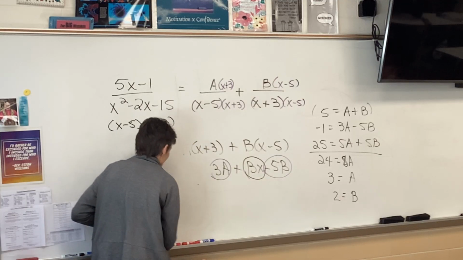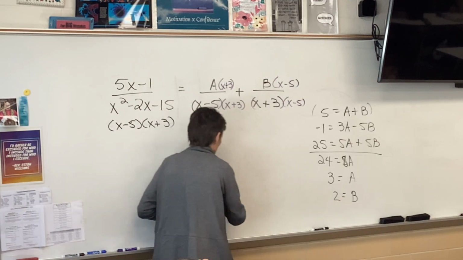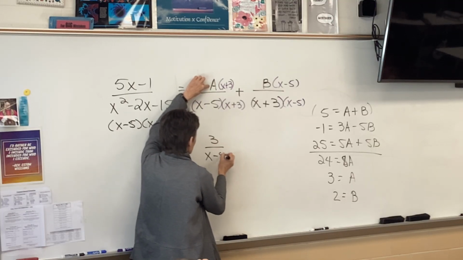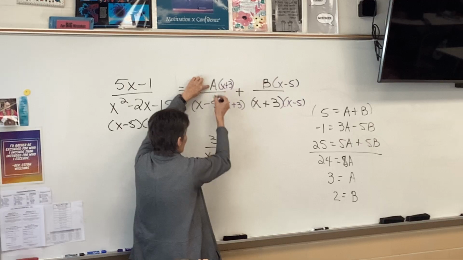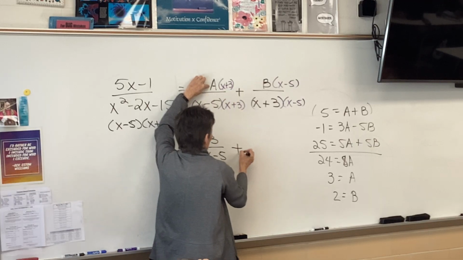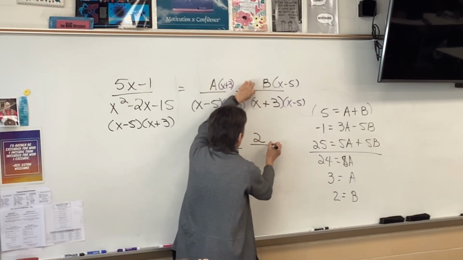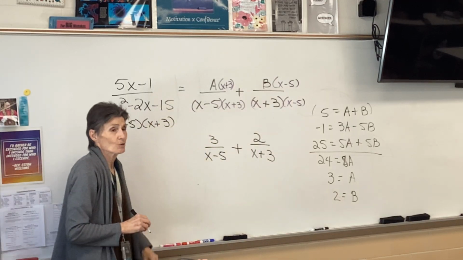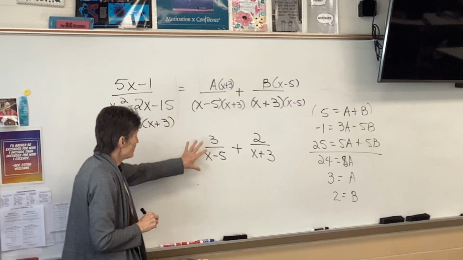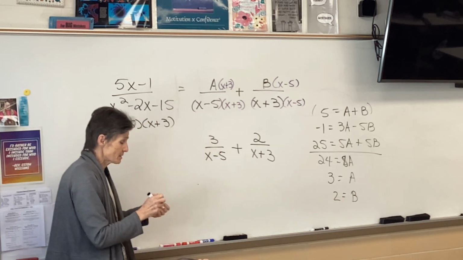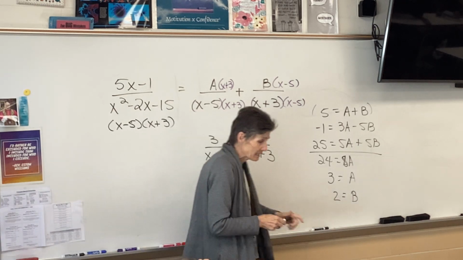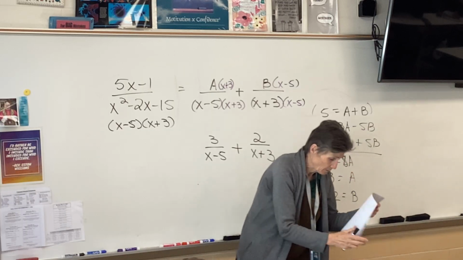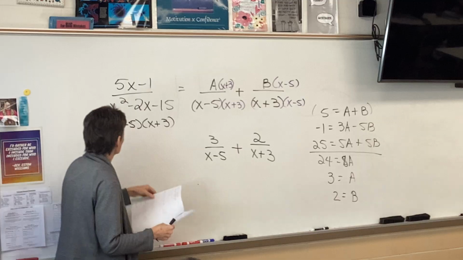So my answer is a over x minus 5, which is 3 over x minus 5, plus b over x plus 3, which is 2 over x plus 3. There are your partial fractions. There are the two fractions that if you add them together, you will end up with the original problem.